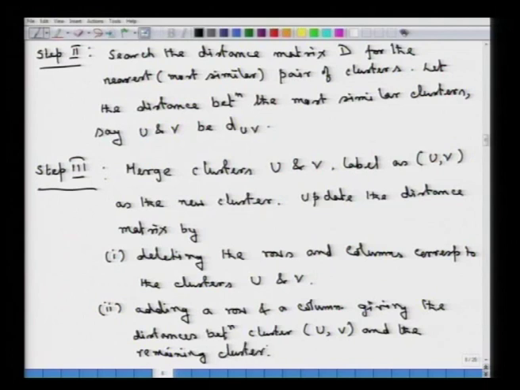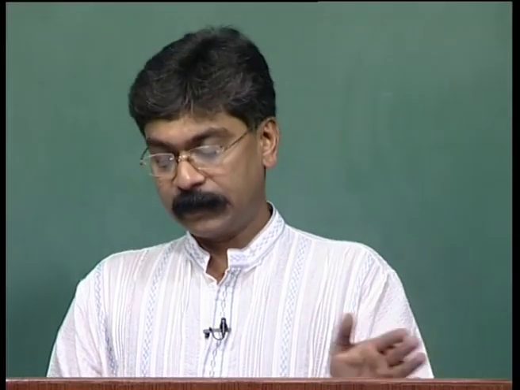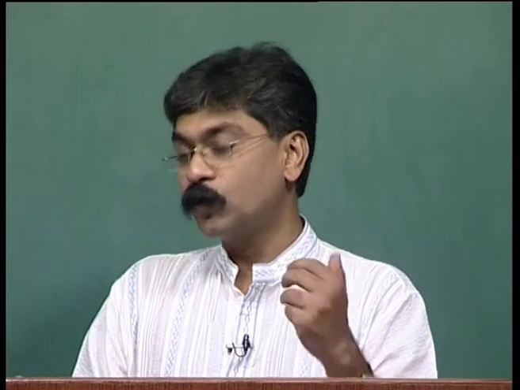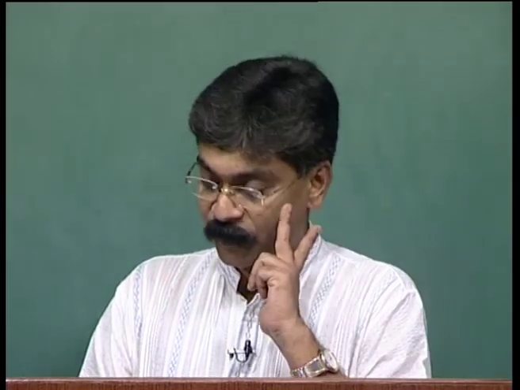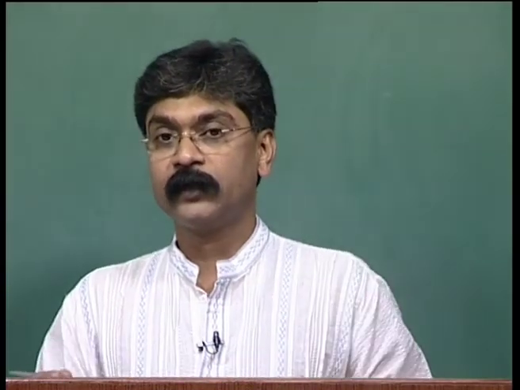So, this is what I have already explained, that those do not have any presence, because uv now have been merged. So, the distances corresponding to u and v separate identities have to be deleted, and then another row and column needs to be added, because we now have a new identity which is the merged identity of the u and the v points.